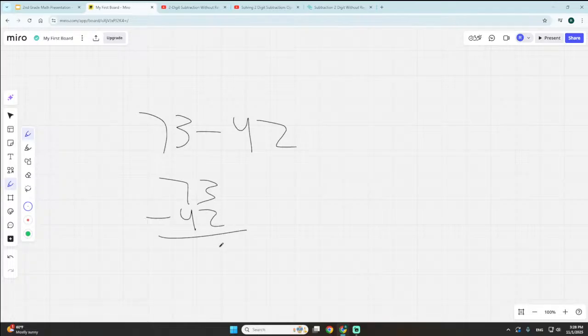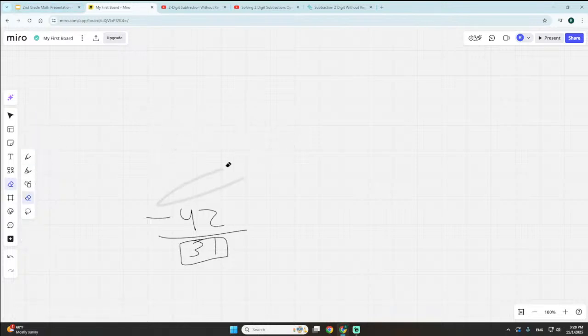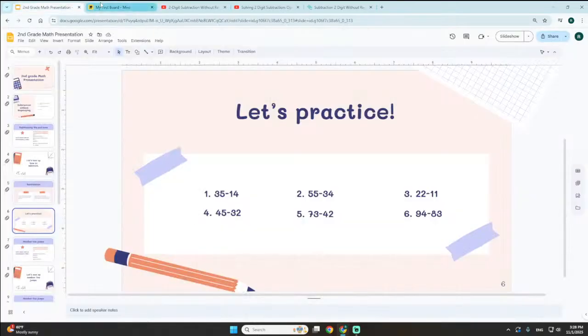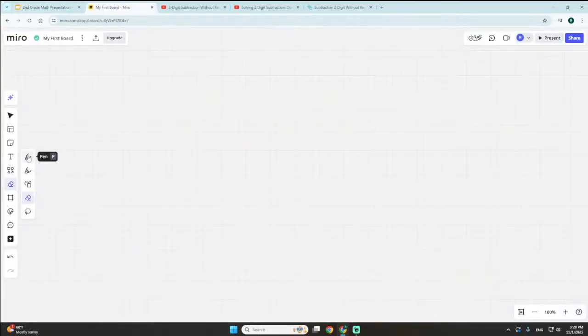So we get 3 minus 2 equals 1. And then for the tens place, we get 7 minus 4, which is 3. So we get 31. So we have one more.